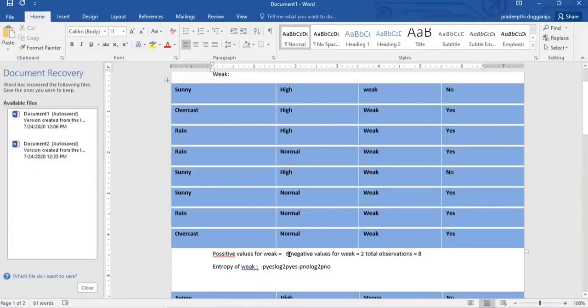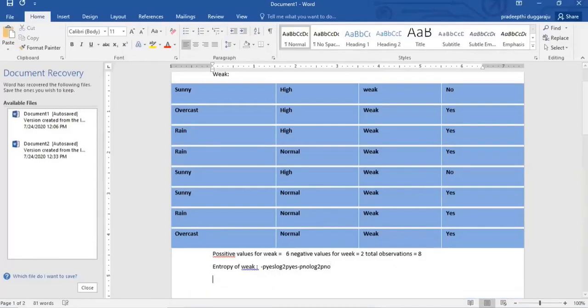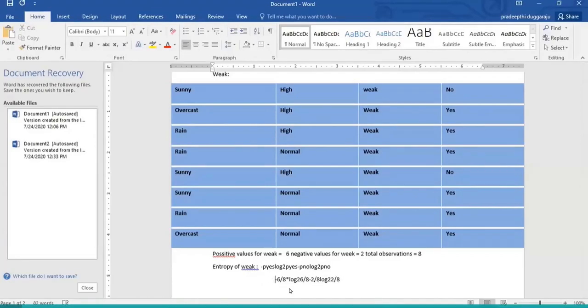So probability will be minus 6 by 8 into log 2 6 by 8 minus, what is the probability of negative? 2 by 8 log 2 by 8, right? So this is the entropy of weak.